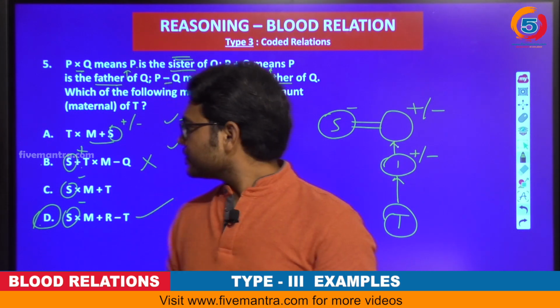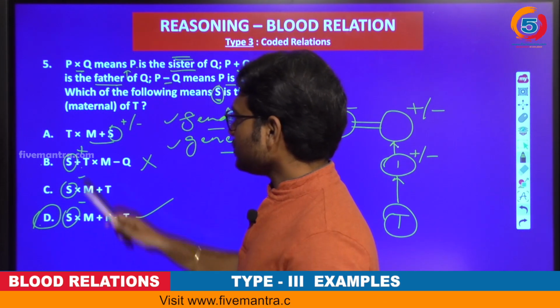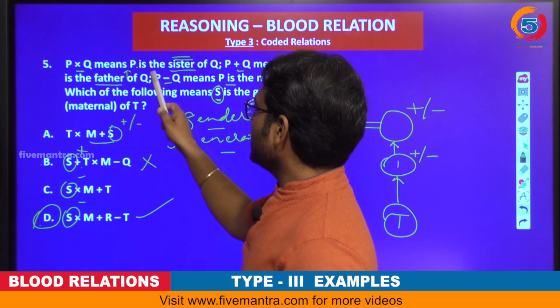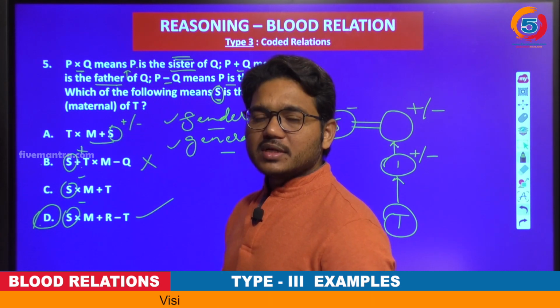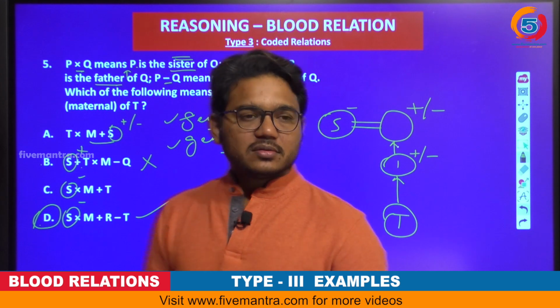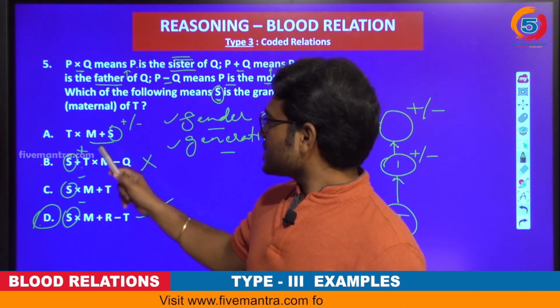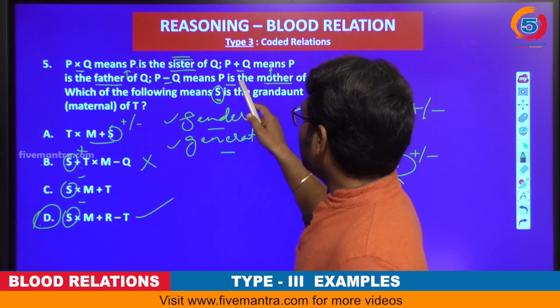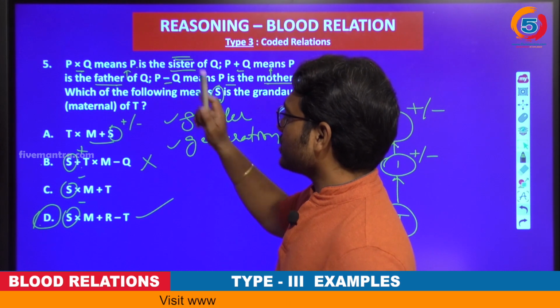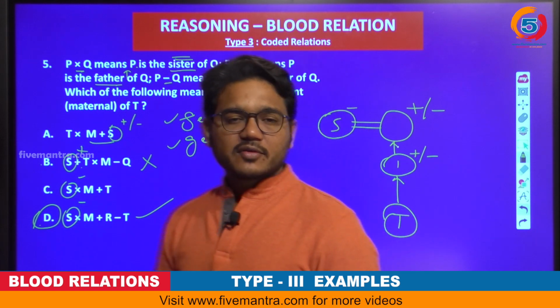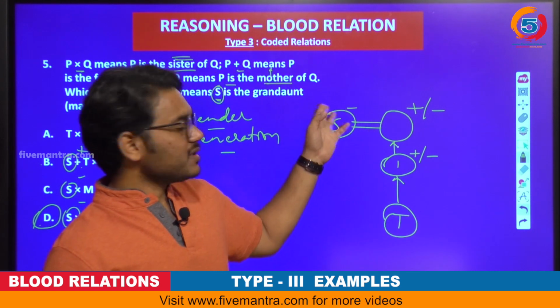So go with the first one. What does it indicate? T cross M, T is the sister of M. Can you see any sister here? No. And one more thing, M plus S means M is the father of S. We don't need any fathers here.